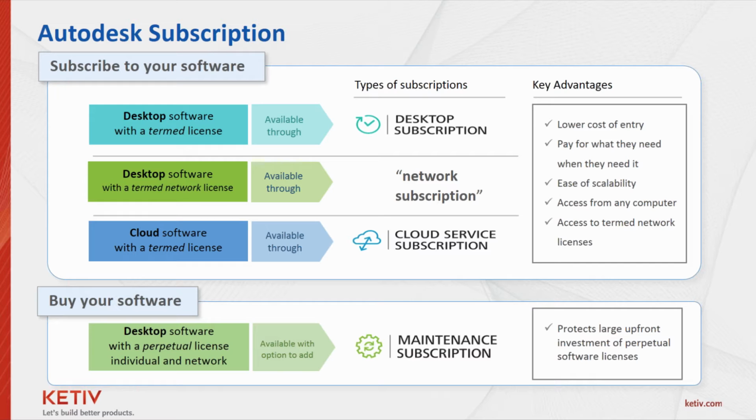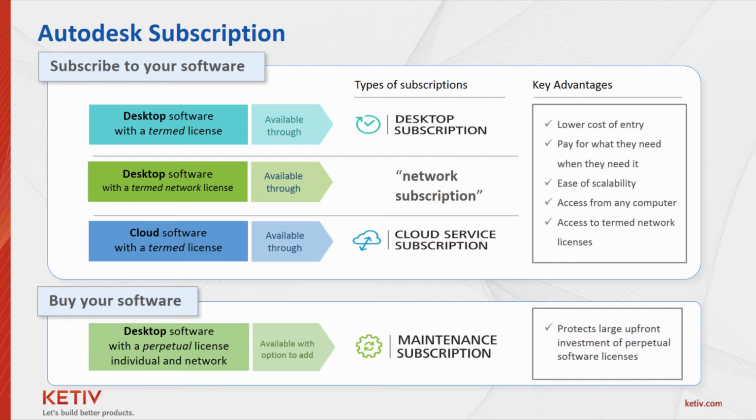The second option that exists for subscription is a network subscription, which some of you on the session here today, I can see, already have network licenses for your Perpetual licenses. Okay, network subscription works exactly the same. It uses a FlexLM license manager.